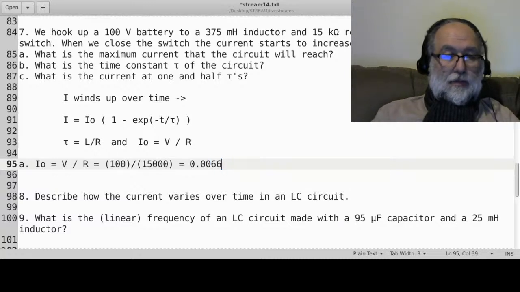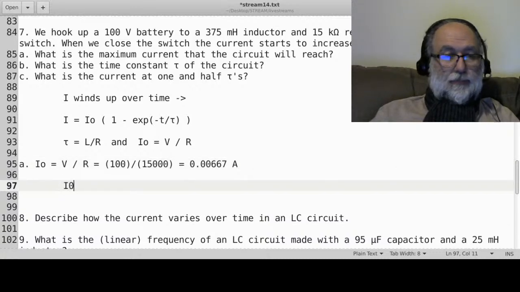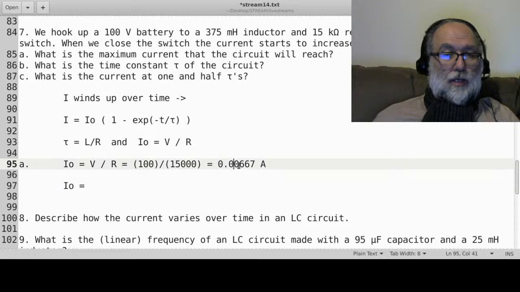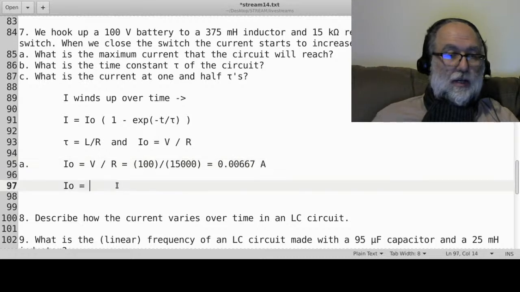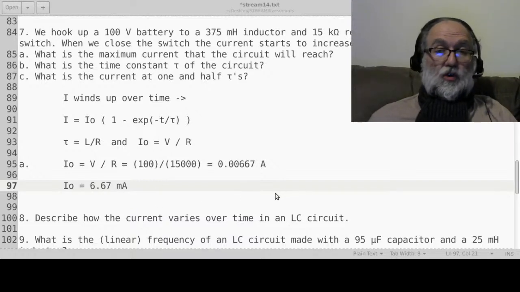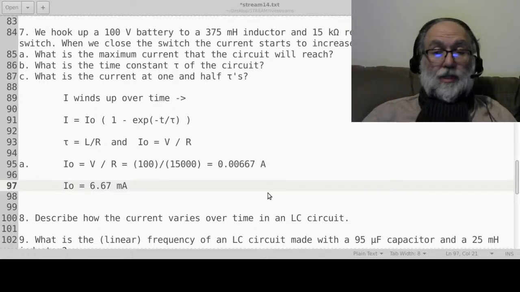It's a current, so the units are amps, but we want to make this look nice, so I naught is going to equal, move the decimal over 3, 6.67 milliamps. Again, very typical numbers for a lab situation. So that's the maximum current you're going to get if you put an ammeter into the circuit and wait until the current winds up, gets to its maximum. It will not go over 6.67 milliamps.